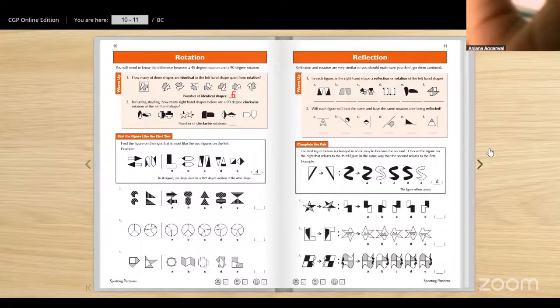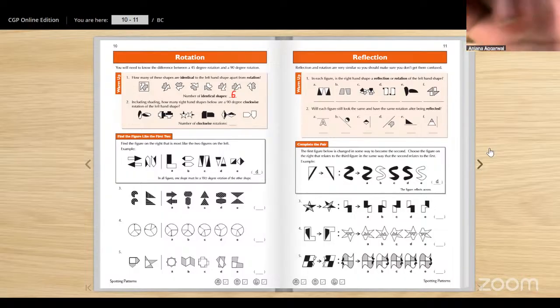Including shading, how many right-hand shapes below are a 90-degree clockwise rotation of the left-hand shape? Clockwise, okay. Wait, but does the shape move as well, or just the shading? The left shape has just turned in that oval this way, so that is 90 degrees. This is correct.